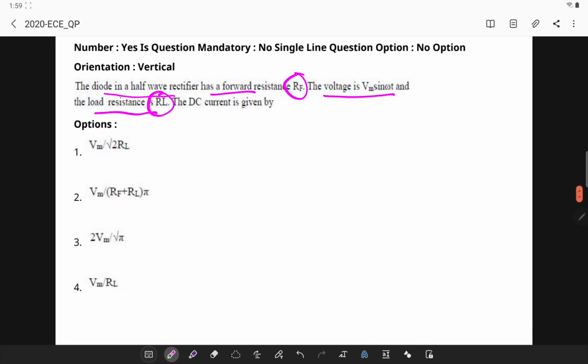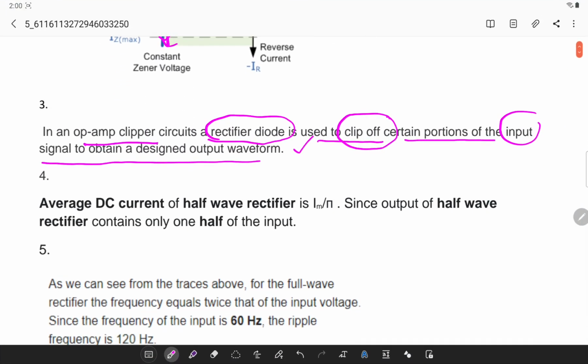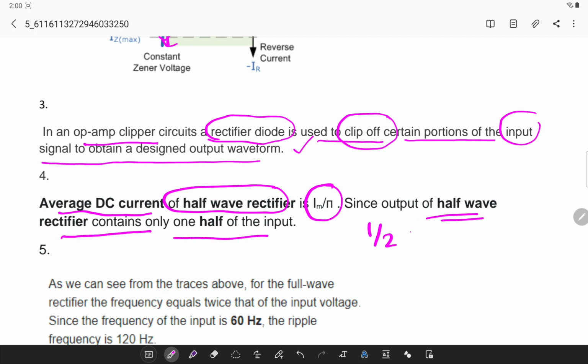Now if you see all the four options, since there is a load resistance associated here along with the forward resistance, I can observe the value is Vm by Rf plus RL. So the average DC current in a half-wave rectifier is simply Im by pi, because in a half-wave rectifier it has only one half of the input waveform.